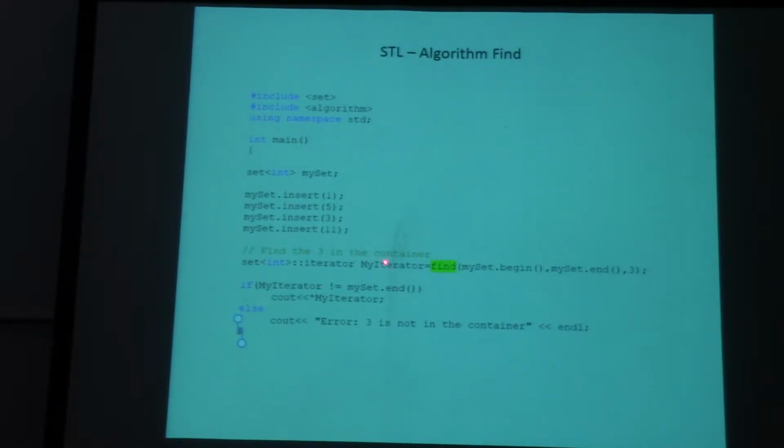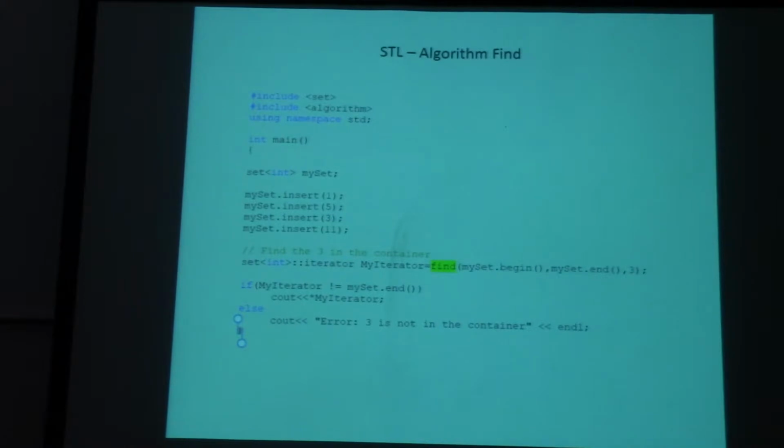So I want to have my iterator take the reference of an element that I'm searching for. So I'm now going to use the algorithm find, my set begin. You know what that does? Starting address of the set, myset.end, and 3. So I'm looking in this range of int values for the occurrence of this value of 3.